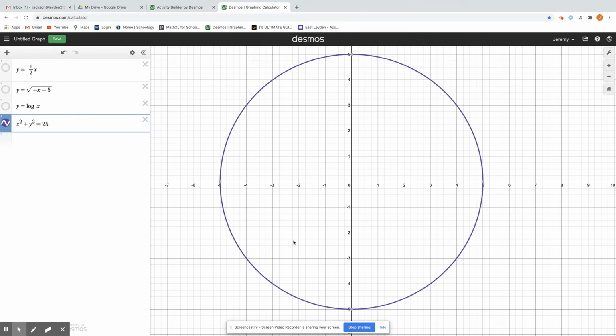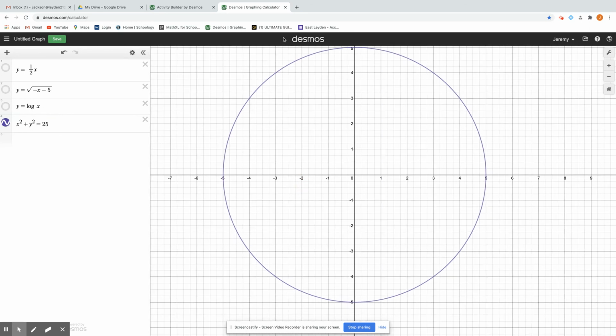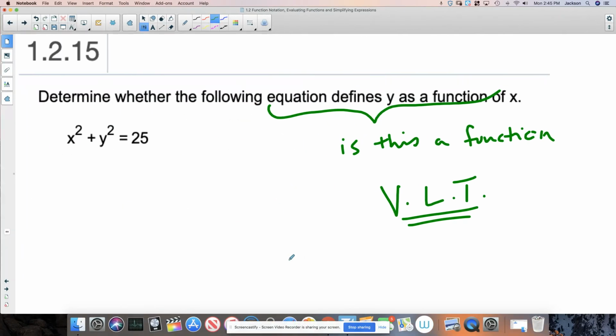So if you just look at this grid line, when x is -2, I'm hitting this graph here and I'm hitting this graph here. So on this vertical line, I hit the graph in two spaces. So for this, we would say, no, it is not a function, because it fails the vertical line test.